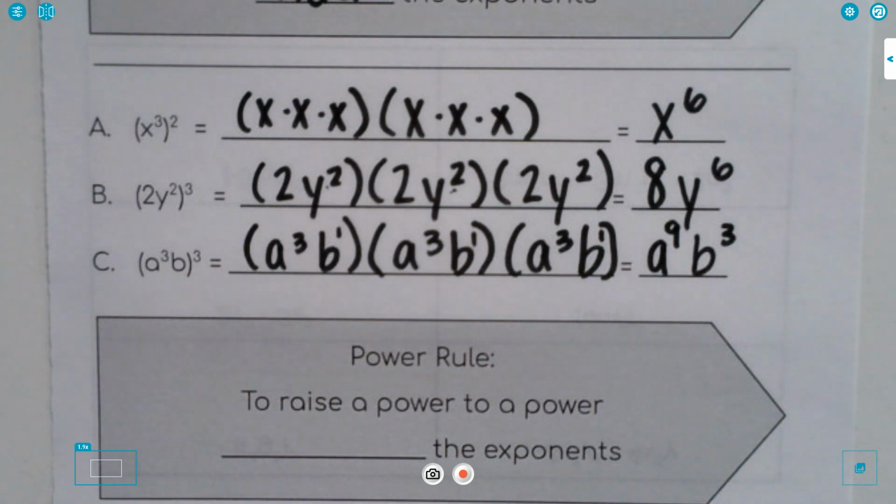All right, so I would like for you guys to take a second. See if you can see what operation, what pattern is happening here to raise a power to a power.